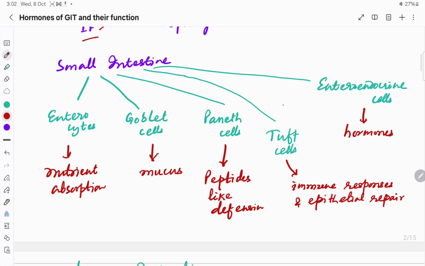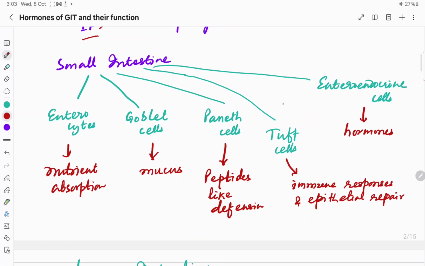Similarly, the small intestine has different types of cells: enterocytes, which help in nutrient absorption, then goblet cells, which secrete mucus, Paneth cells, which secrete peptides like defensin, which have immune functions, then the tuft cells, which are also involved in immune responses and epithelial repair.